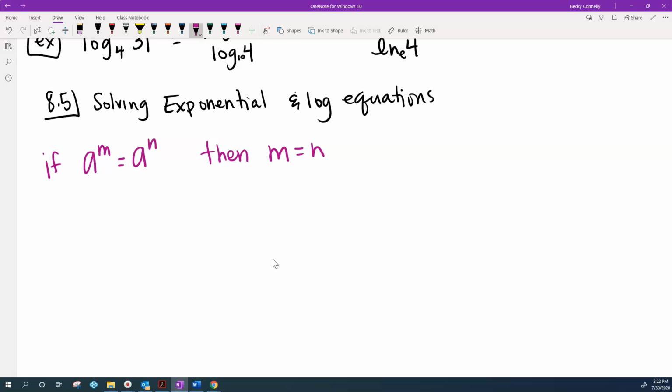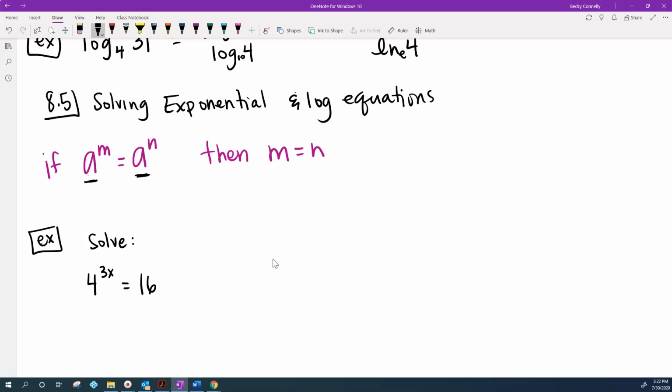Okay, so let's try an example with this. If we did this example, we're trying to solve 4 to the 3x power equals 16. Okay, so what we want to do is get these bases so that they're the same.